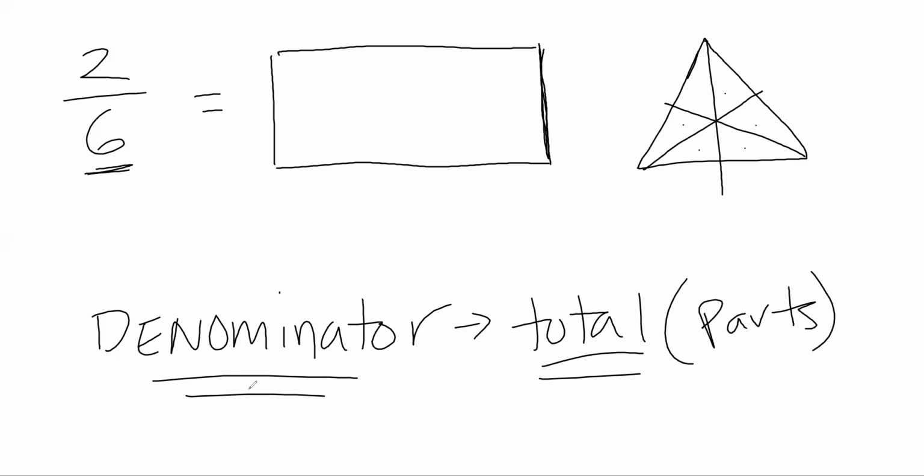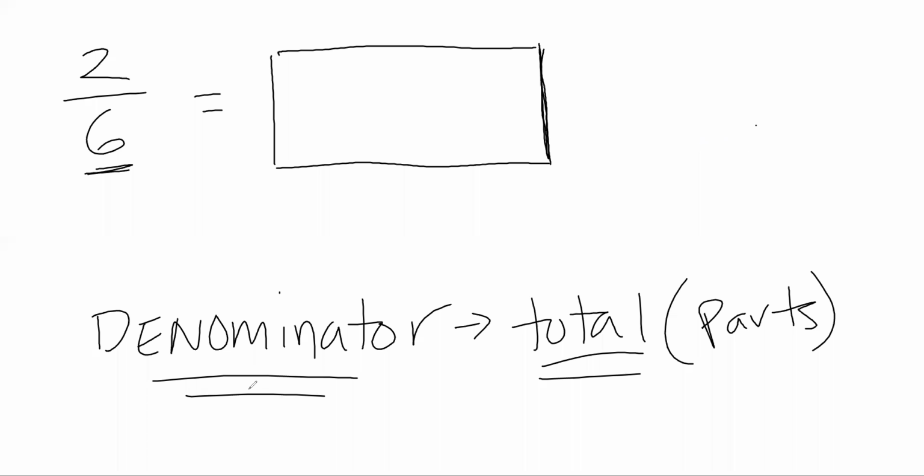Okay, that kind of works, but then there's always this worry of whether these pieces are the exact same size. That's why I keep going back to rectangles and squares, because they're a lot easier to partition. So our denominator says we need 6 equal parts. We'll talk later, in another video when we talk about equivalent fractions, about what denominators are friendly with each other, because you can learn how to partition things, and we'll get there.